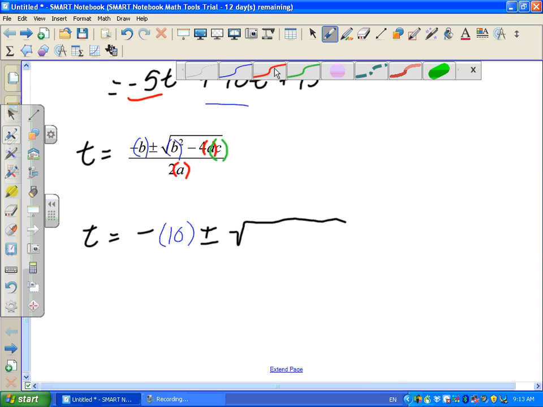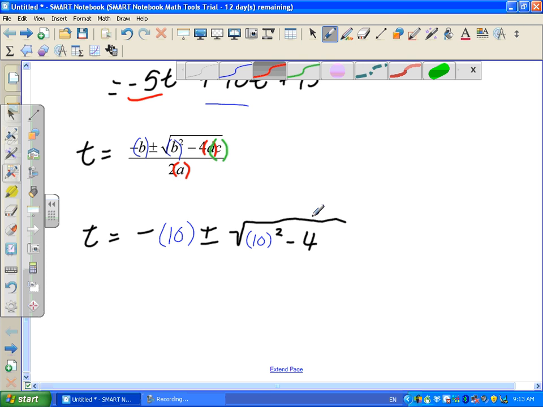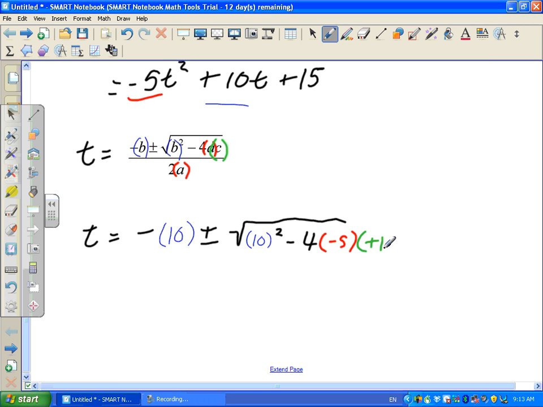Once again, we replace b with 10 squared minus 4. The 4 is always going to be there. Our a was negative 5, and our c was positive 15. You don't actually have to write that positive sign in, but we got it in there anyway.